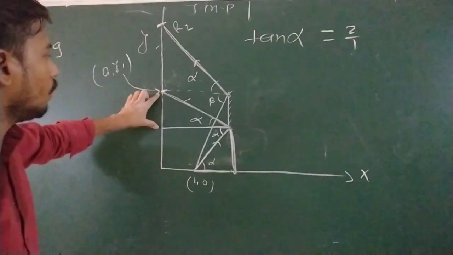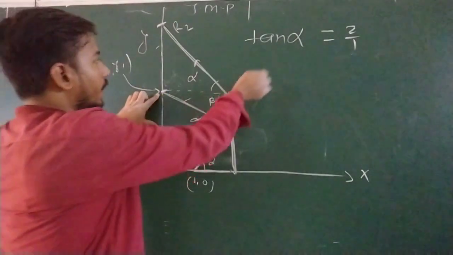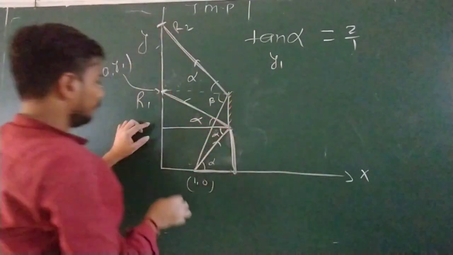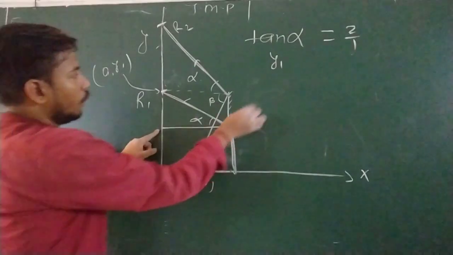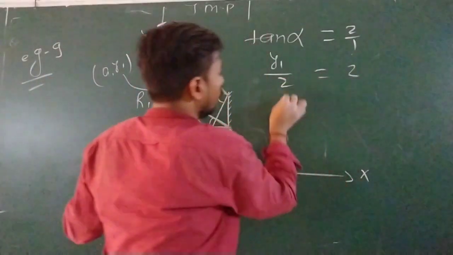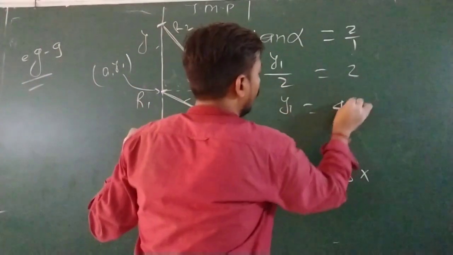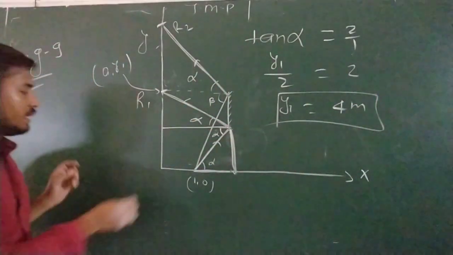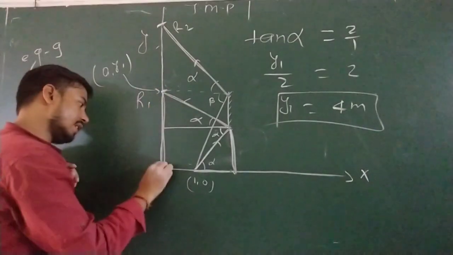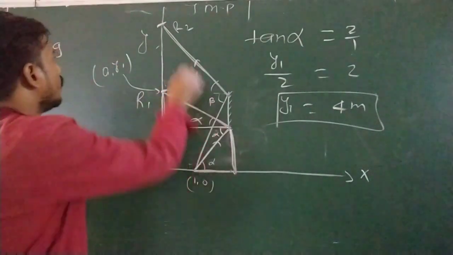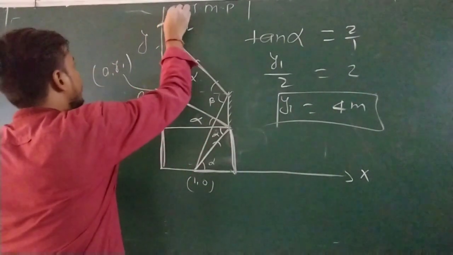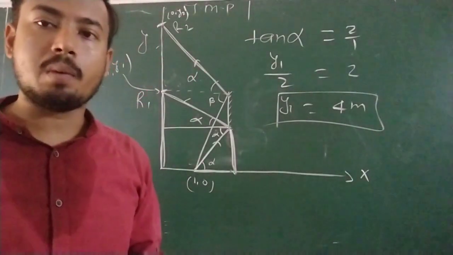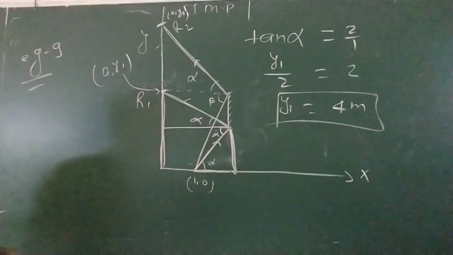This height is 2 meter. This is y1. So we can write tan alpha in this triangle, y1 by this gap, which is 2. So y1 comes to 4 meter. It means this height is 4 meter. Similarly, suppose the coordinate of this one is 0 comma y2, because it is on the y axis.